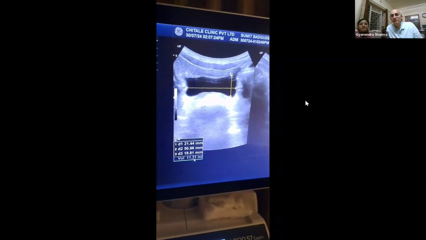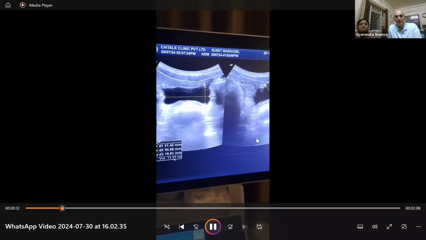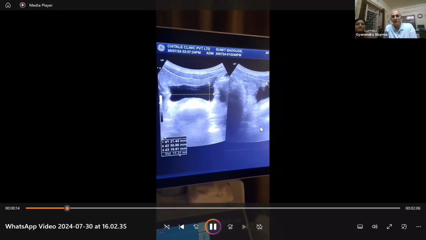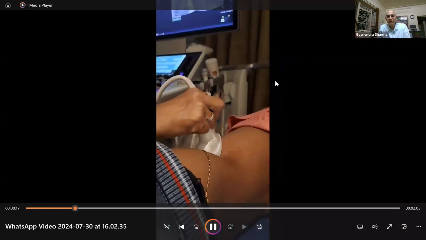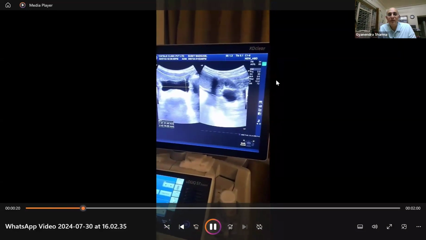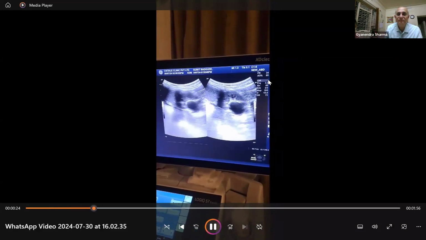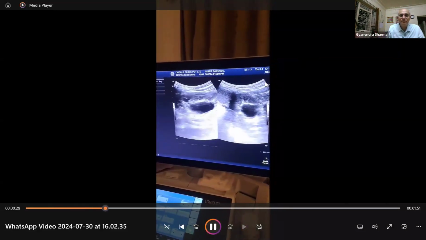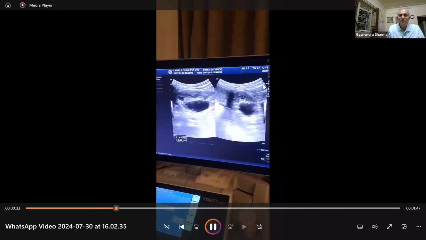Ideally, it should be an empty bladder, but 5 to 10 ml is fine. We turn the patient to the side. Now this is a kidney in longitudinal as well as transverse position.